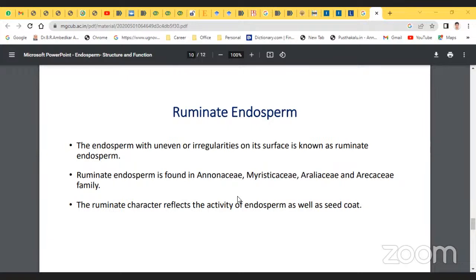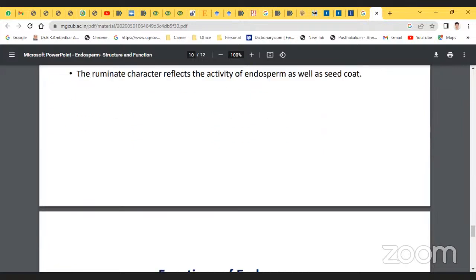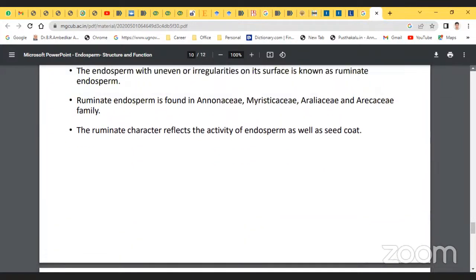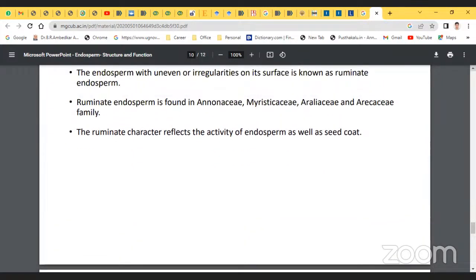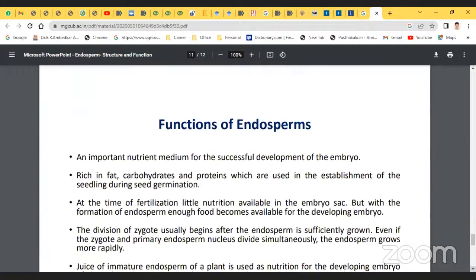So the ruminate character reflects the activity of the endosperm as well as the seed coat. So why does it come to have irregular and uneven surfaces? Because it reflects the activity. This is the reason.